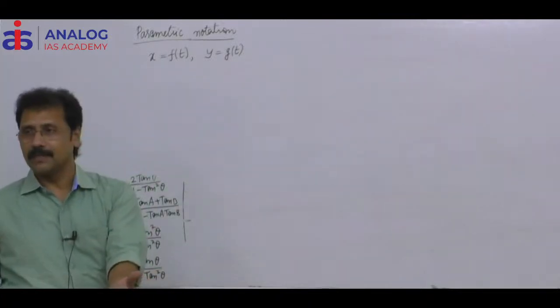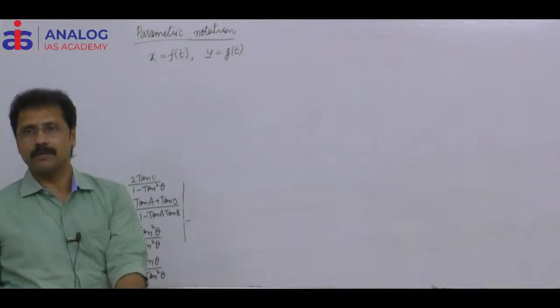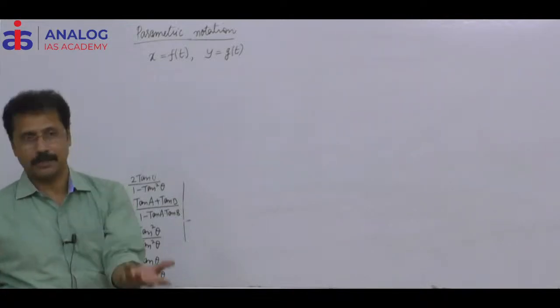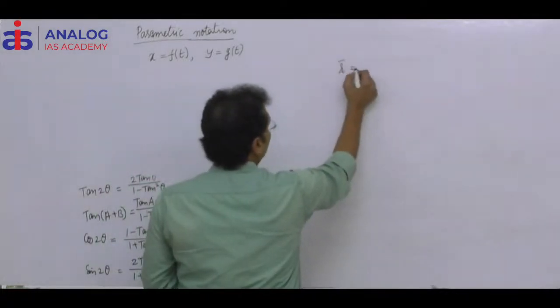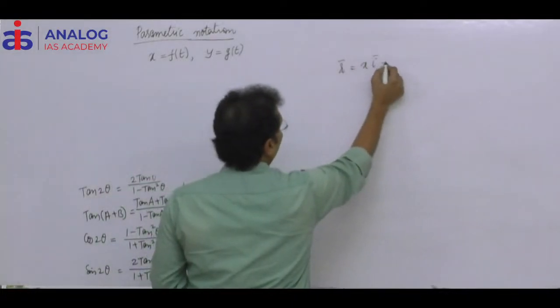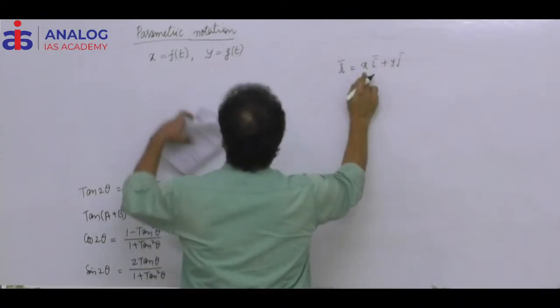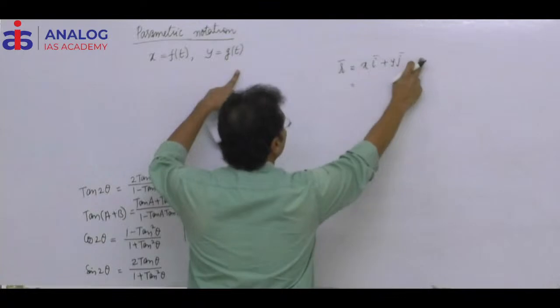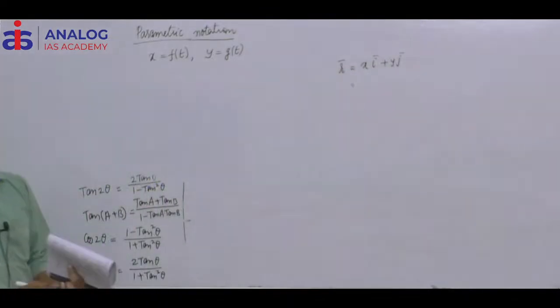The displacement is what? xi plus yj. R bar equal to xi plus yj in terms of vector notation. Now x is in terms of t, y also is in terms of t. Substitute that t, and you will get R bar, which is the displacement vector. And that I will introduce.